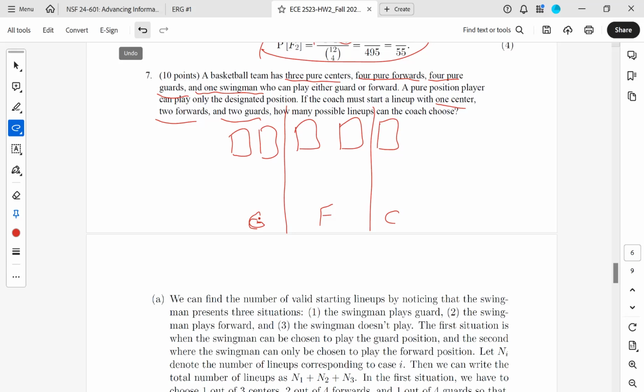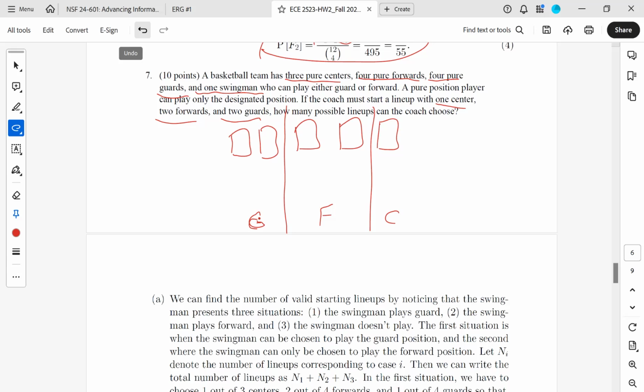Make sense? Same goes for the forward. So the coach has 2 options for the forwards. Either choose from the category of forward, or reserve one of the spots for the swingman, and fill the other one from the category of the players that train to be forward.